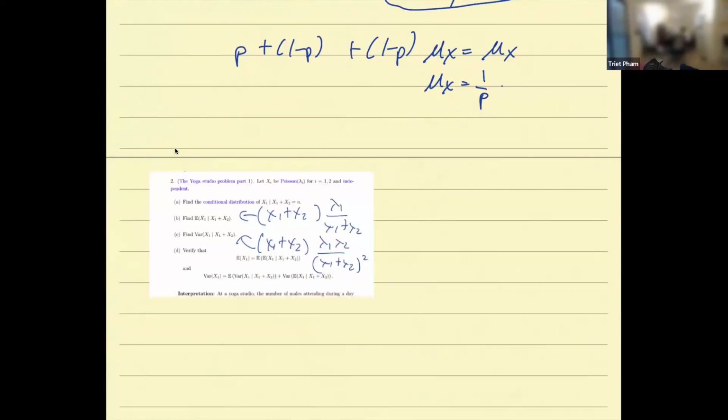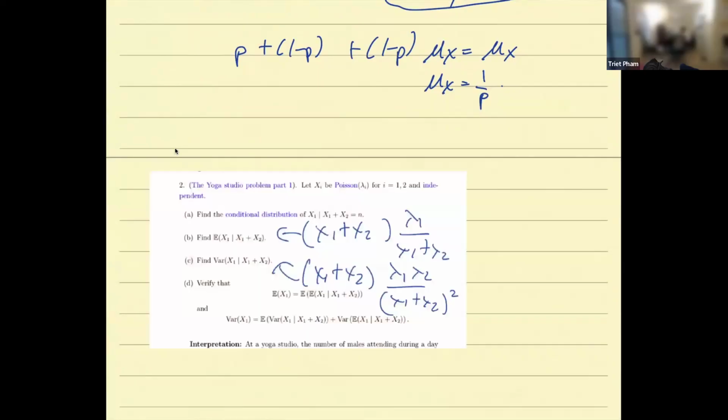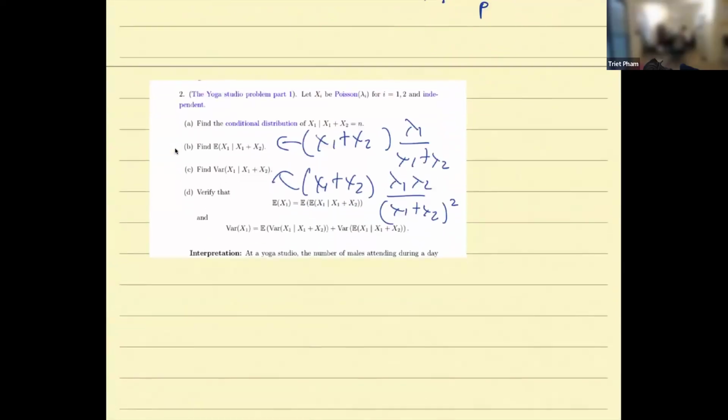All right. So notice again that we do know the expectation of x1 and the variance of x1, that both are lambda 1. Here, we're not using these formulas to find the expectation and variance of x1. We're really checking, or convincing ourselves, that the formula works.